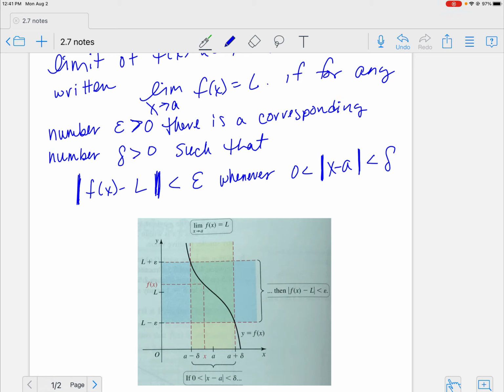As I'm doing that, the distance around a corresponds with the distance around the limit. Meaning, as I'm going outside of the limit, there's some epsilon value, and as I'm going outside of what I'm approaching, there's some delta value. Epsilon and delta are just variables. It's not that big of a deal.